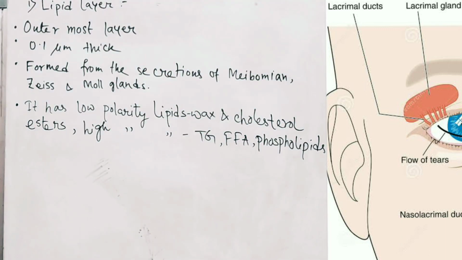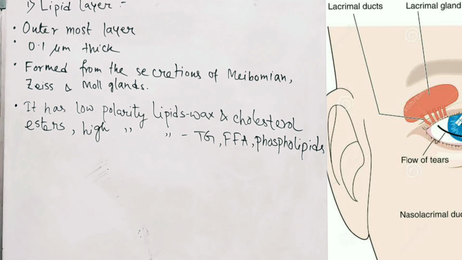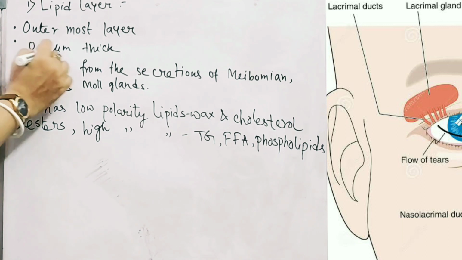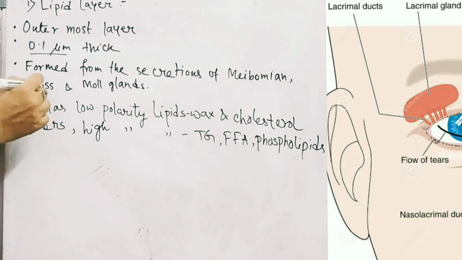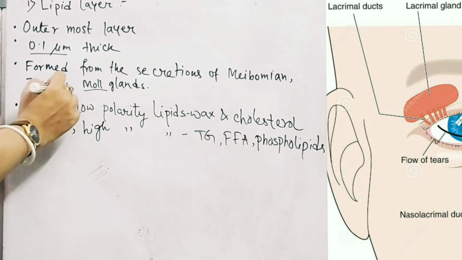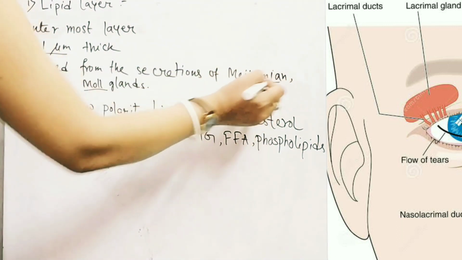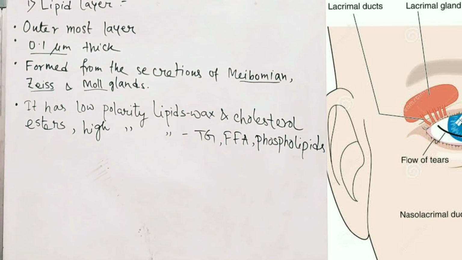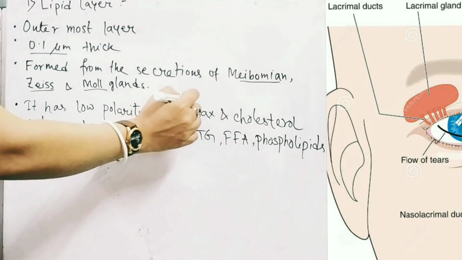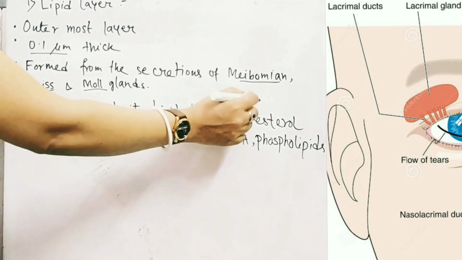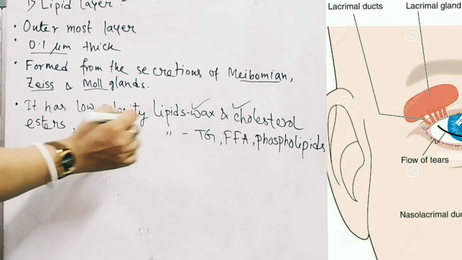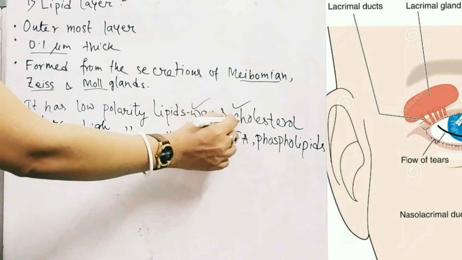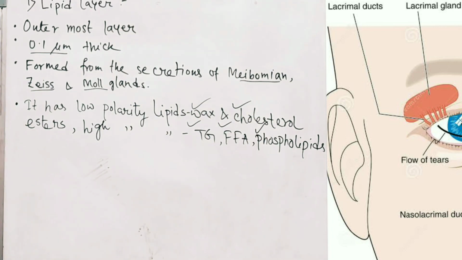The lipid layer is the outermost layer of the tear film, and it is 0.1 μm thick, formed from the secretions of Meibomian, Zeis and Moll glands. It has low polarity lipids like wax and cholesterol, as well as high polarity lipids like triglyceride, free fatty acid, phospholipids.